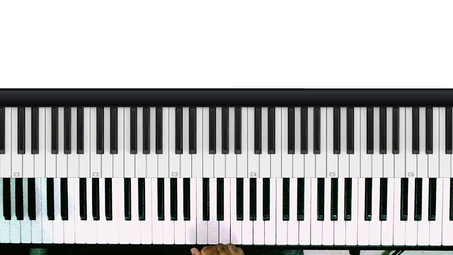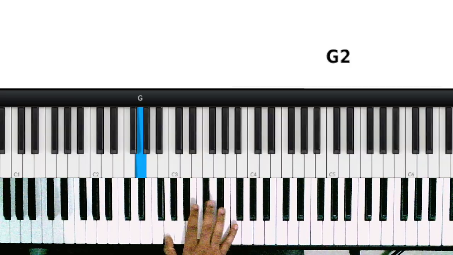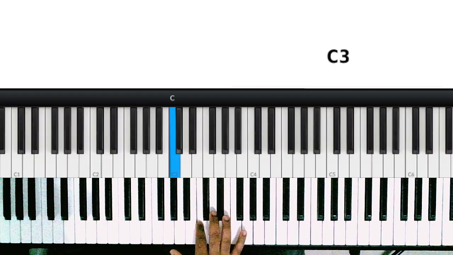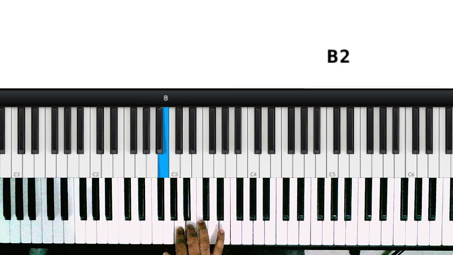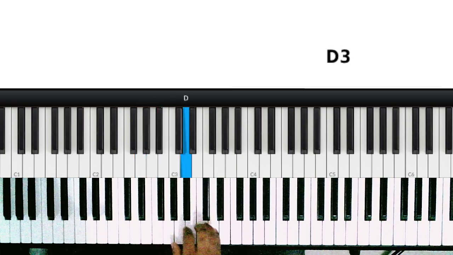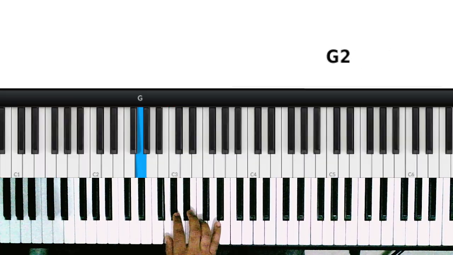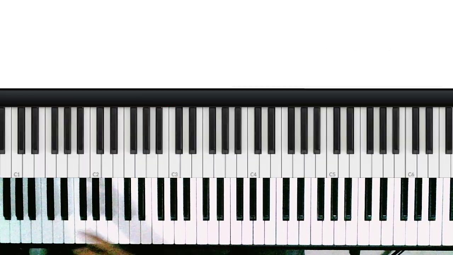In the key of G, G will be your 1, so C will be your 4, and D will be your 5. 1, 2, 3, 4, 5. So this is 4, this is 5, this is 1. In the key of D, D will be your 1.